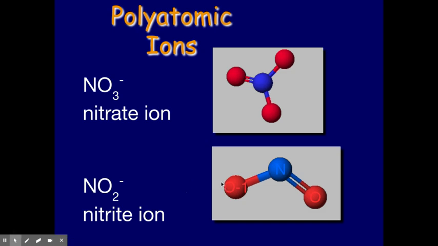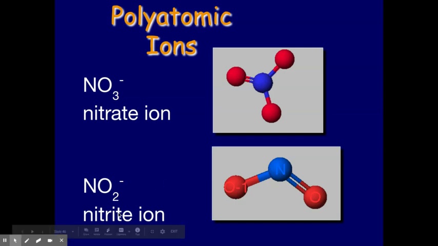Okay, so polyatomic ions, again, you just need to memorize them because I don't want you to look and see nitrate and write just nitrogen, because if it was just nitrogen, it'd be called nitride, right? So there's nitrate and nitrite. A lot of times there's an ite and an ate.